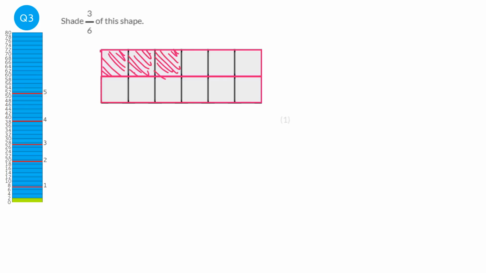So that's 3 for the first set, and 3 for the second set, and that's our answer. Now you might notice that 3 over 6 is the same as a half, because we can divide top and bottom by 3, so all I need to do is shade in a half. Or you might convert 3 over 6 into 6 over 12, and there's 12 squares altogether, so it's 6 of the 12 squares. There's lots of ways of doing this question.